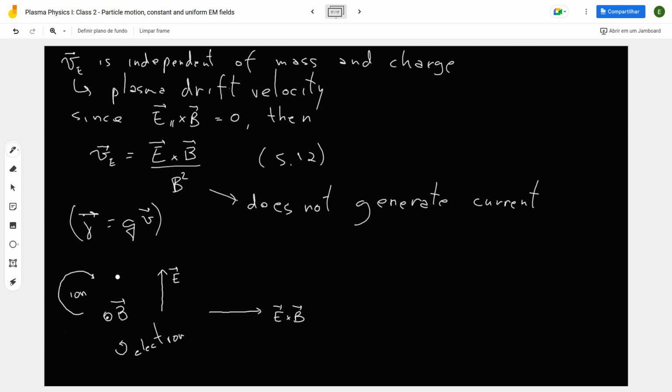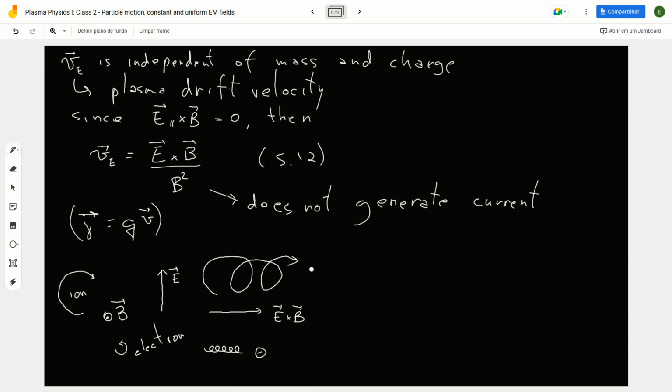Yeah, it goes this way. This is the right way. So we have circular motion plus a drift in this direction. So the ions would be moving like this, and the electrons would be going in the same direction, but with a motion like this.